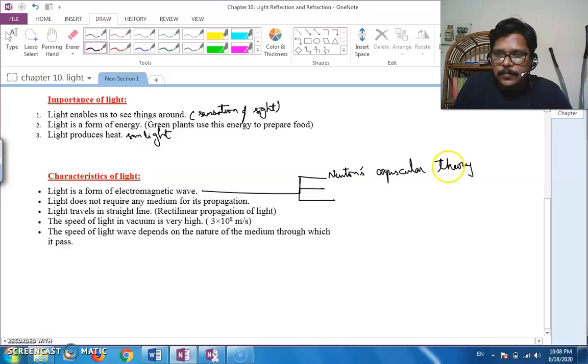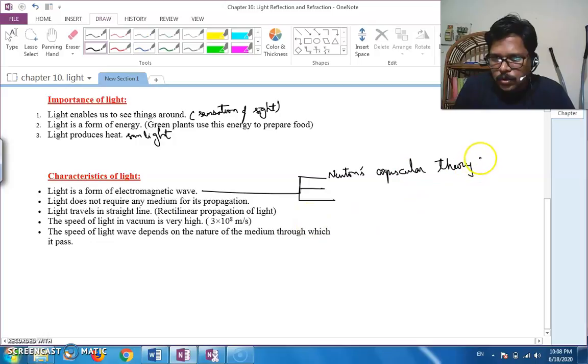So light, when it is emitted from luminous objects, is emitted in the form of small energy packets, which he called corpuscles. These corpuscles interacted with matter and got reflected back, or when they pass through any object, that is, when they enter into an optical medium, there is a change in direction, which we call refraction.